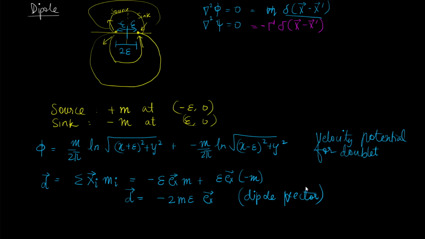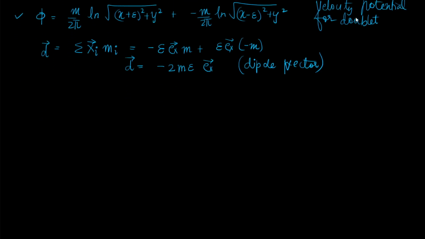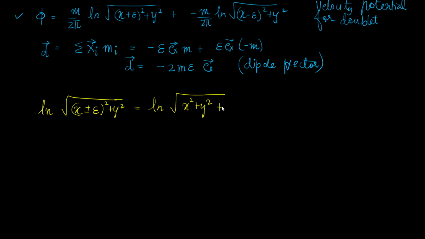So now with this definition we can go ahead and simplify this particular expression. The simplification is as follows. So the log of square root of x plus minus epsilon whole square plus y square can be written as log square root of x square plus y square plus minus twice epsilon x plus epsilon square. I've just expanded this particular term as a quadratic.